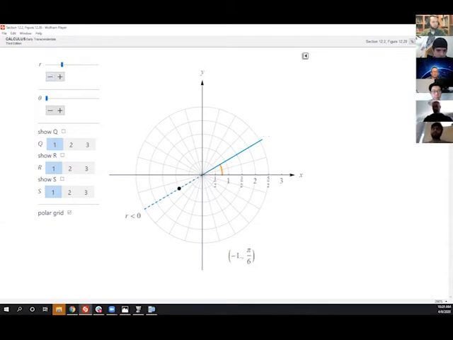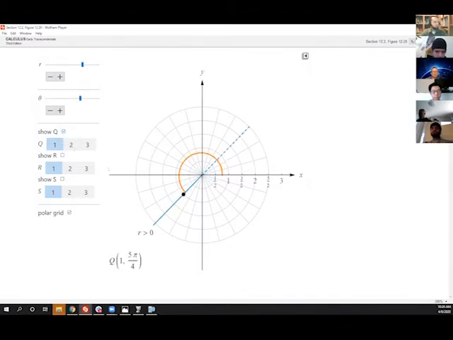So if r is negative, then now we're still going out that pi over 6, that positive theta ray would tell you what happens if r is positive. But since r is negative, we pop through on the dashy part of the curve.